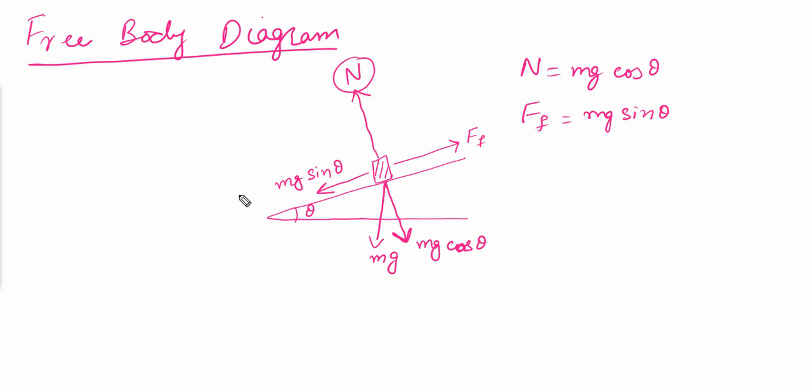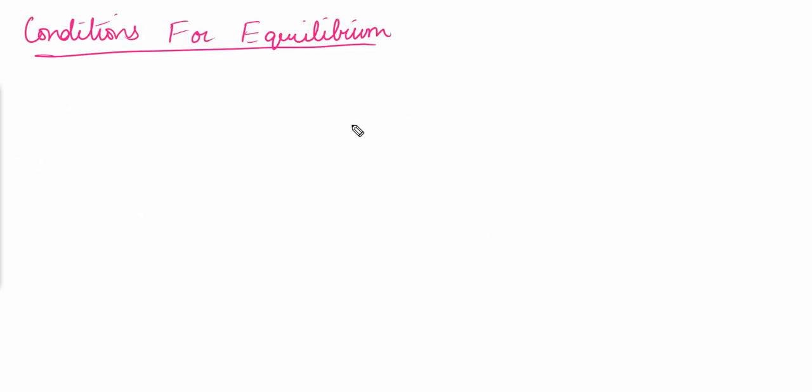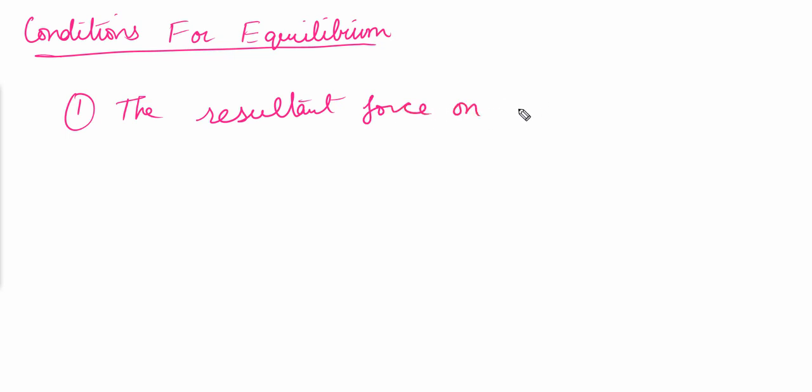Alright, so after the free body diagram, we have to discuss the conditions for equilibrium. There are two conditions for equilibrium. The first condition is that the resultant force on an object is 0.